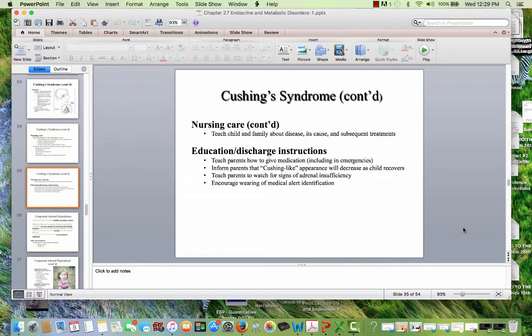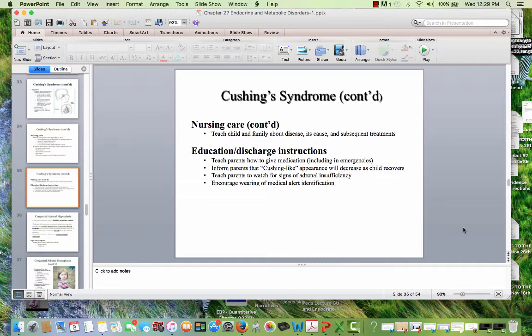So for nursing care, you're going to teach the family and the child about the disease, its cause, and subsequent treatments and care that's needed. You're going to teach that emergency care involves lifelong cortisol replacement therapy daily and also in emergency situations.